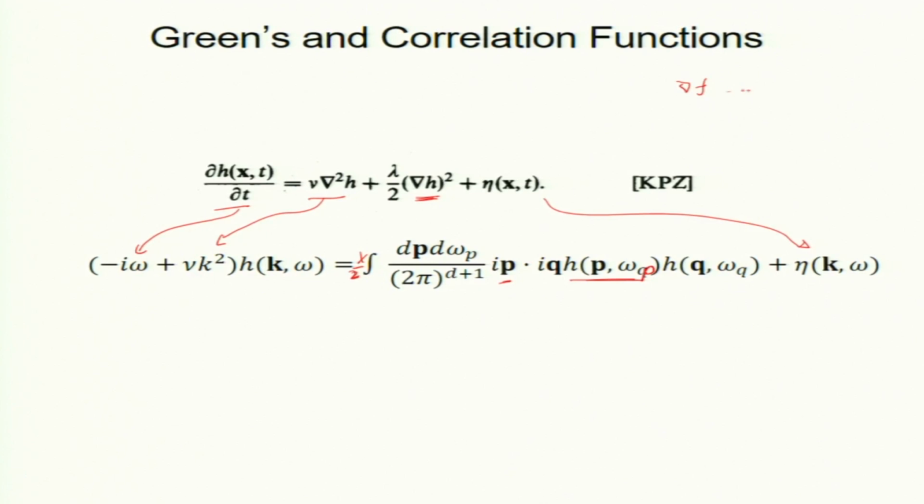Gradient of f in Fourier space becomes I k times the Fourier transform of f of k. Since I am using p as a variable, that gives me I p from one gradient. The other gradient will give me I q, which is coming from here and is integrated. Okay. So, this is what we get for the nonlinear term.